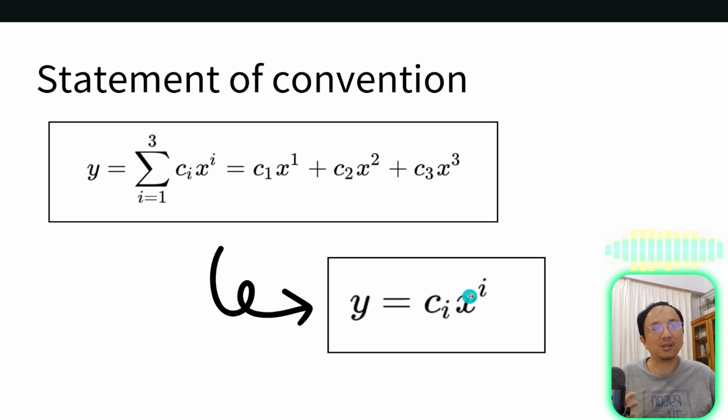I use the term tensor contraction here because this is exactly the contraction. Sometimes it requires that one is on the top and one is on the bottom, one a superscript and one a subscript, in some conventions. But in a more relaxed form, if the i appears twice anywhere, then we do the summation.